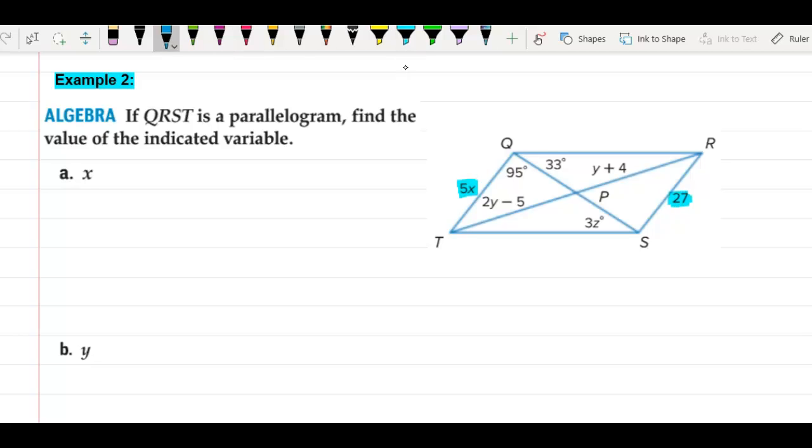So QT is equal to RS because they're opposite sides. So 5x is equal to 27. Obviously, that's not a perfect division. So if I divide by 5, x is equal to 5.4.